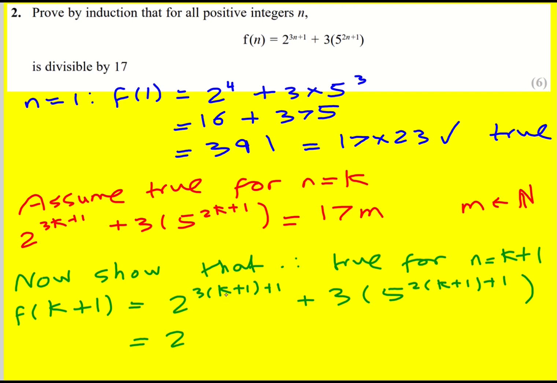This becomes 2 to the 3k plus 3 plus 1. Actually, let me write it as 3k plus 1 plus 3, because I'm going to be dealing with that in a minute. Plus 3 times 5 to the 2. Oh, see, I want 2k plus 1, but then I've got an extra 2.